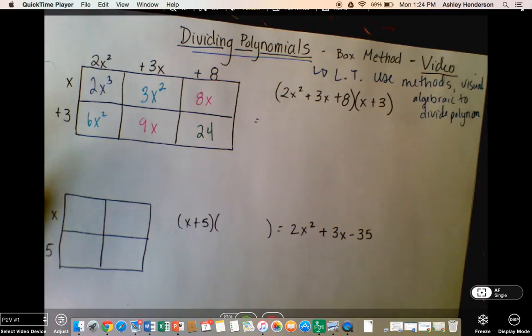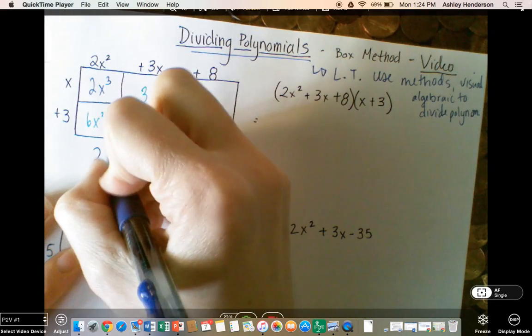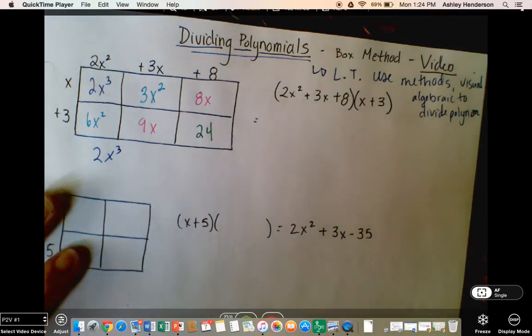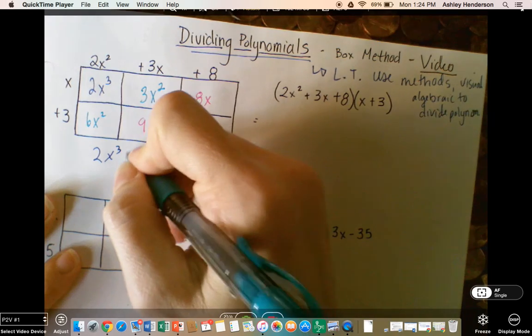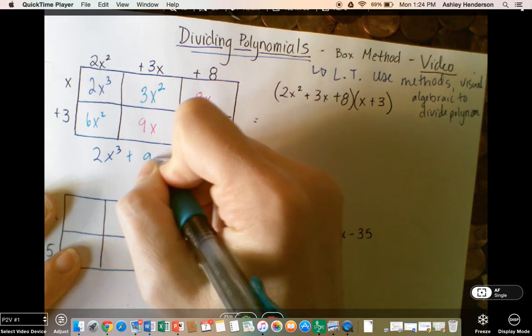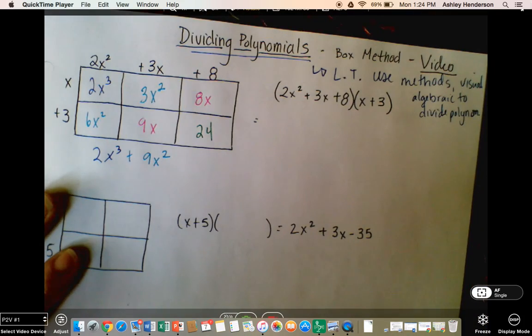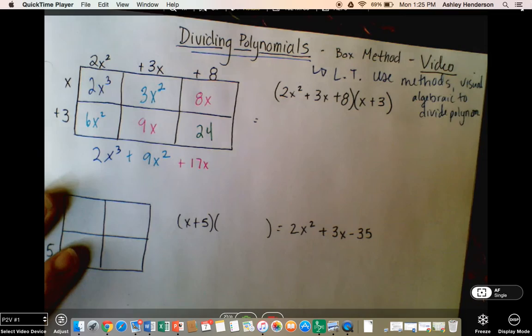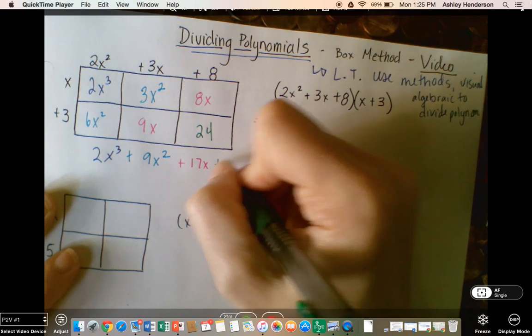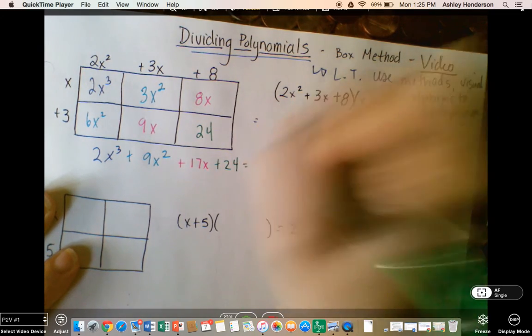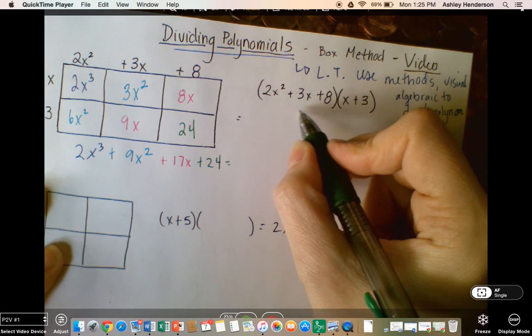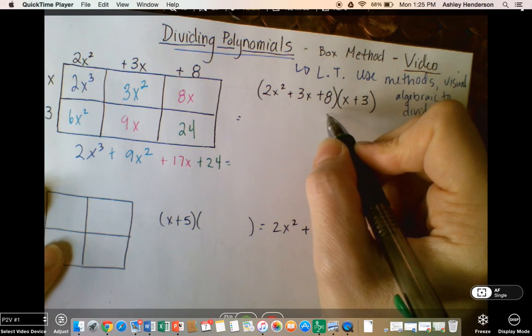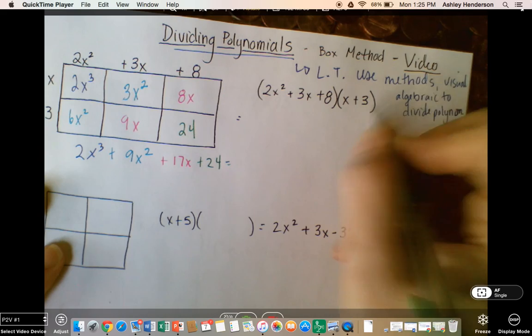So I'm going to use my colors to highlight what's going on. So 2x cubed plus 9x squared plus 17x plus 24 is equal to 2x squared plus 3x plus 8 times the linear function x plus 3.